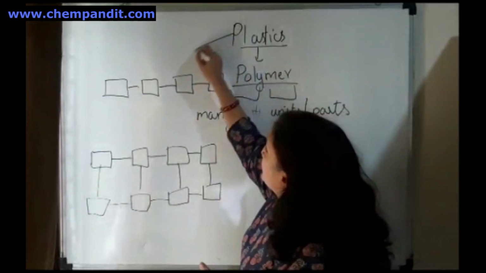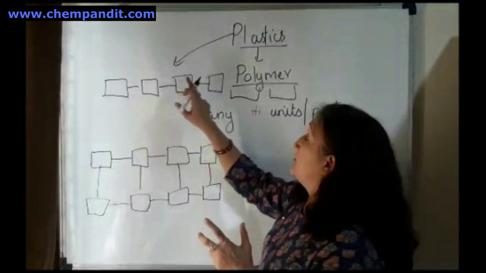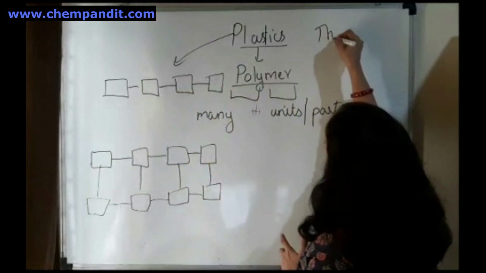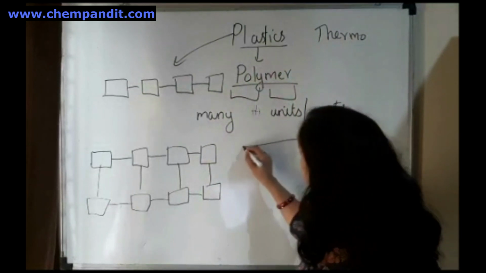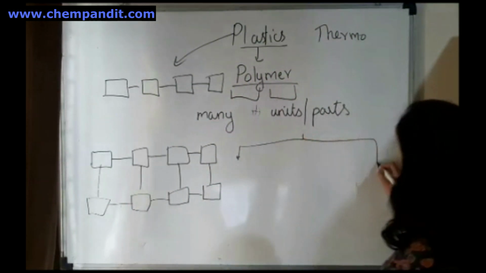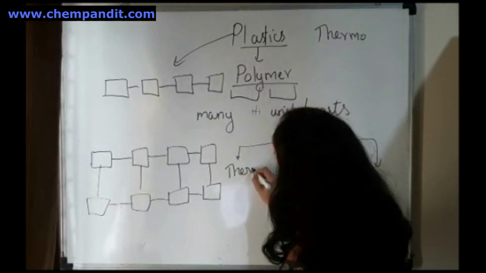So the plastic having this kind of structure are basically known as thermoplastics. Let us classify plastic on this basis. Plastic can be classified into two. Thermoplastics.